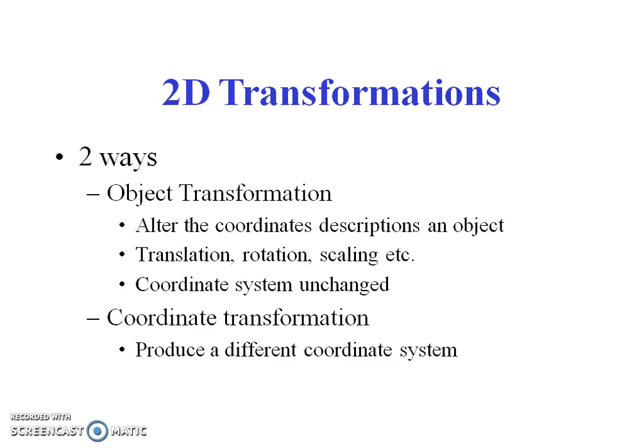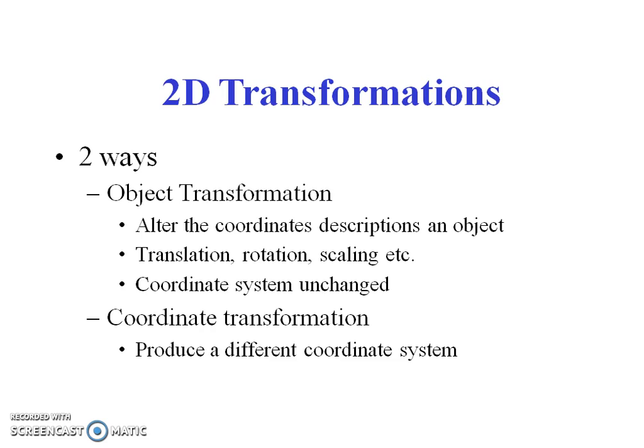And the two-dimensional transformations can be done in two ways. One is based on object and the other is based on coordinate transformation. The object transformation alters the coordinate descriptions of an object with respect to translations, rotations and scaling, and the coordinate system will be unchanged in the way of object transformations.